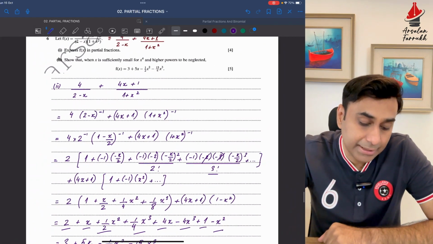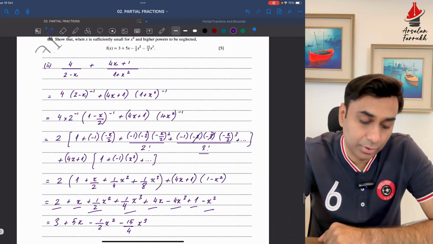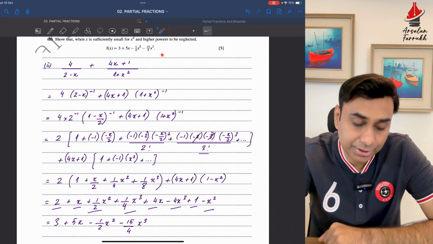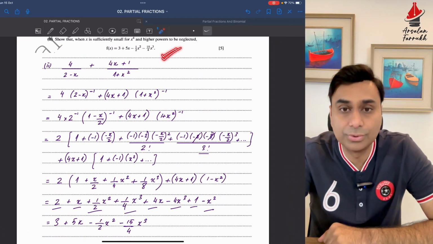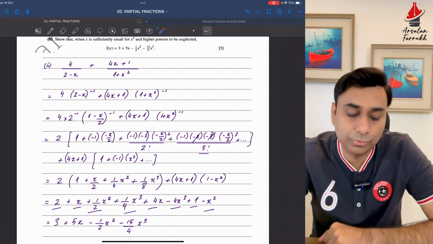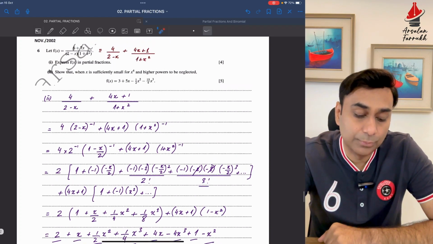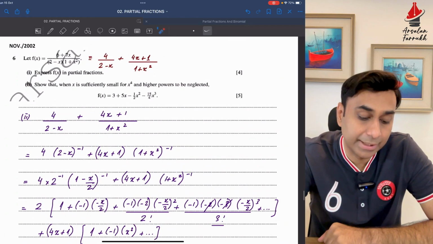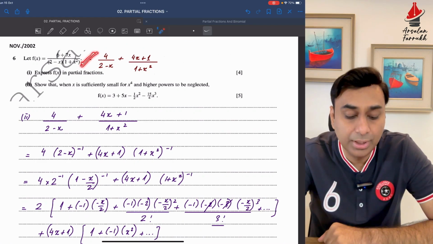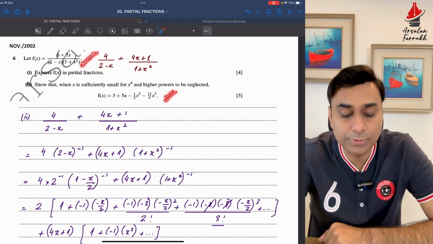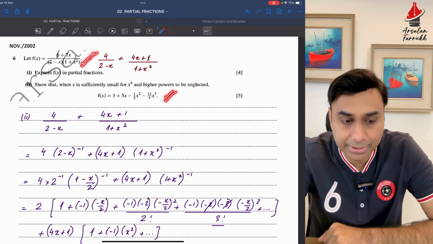So this is my expansion, and this is what I had to prove, which exactly matches with that. So this is basically how I would do my binomial expansion. Most of the questions that you will expect in exam would be first part doing the partial fraction, and next part using those partial fractions to simplify a series.